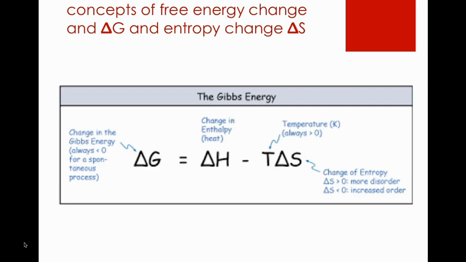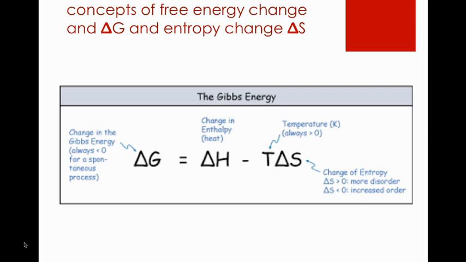It says you should be able to define and use the concepts of free energy change, delta G and delta S. Free energy is a competition between the change in enthalpy, the making and breaking of bonds, and the entropy as the temperature increases or decreases.